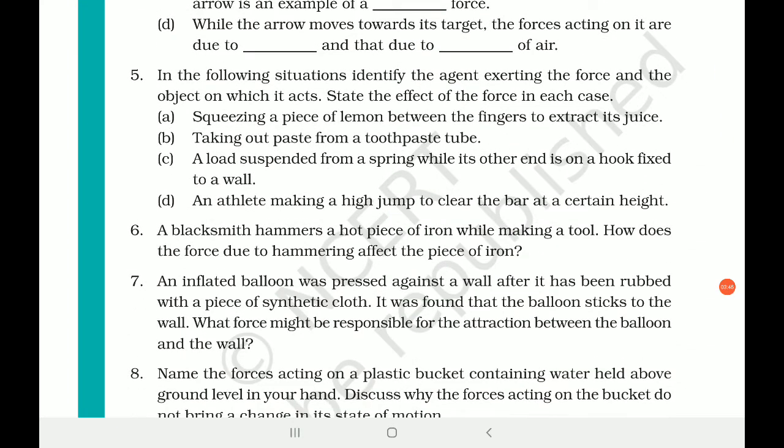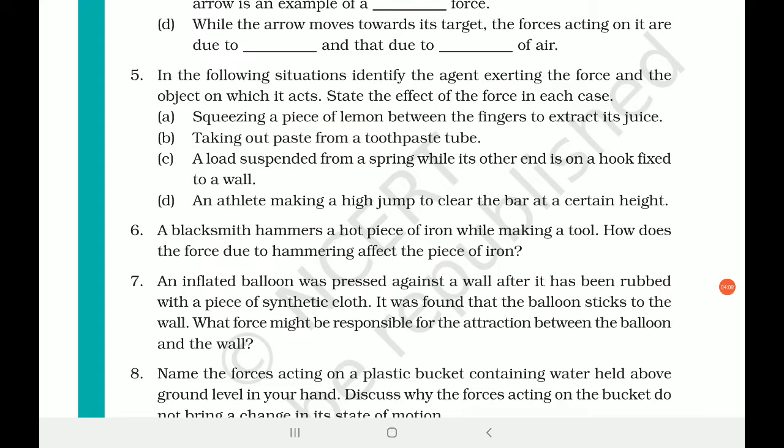In the following situations, identify the agent exerting force and the object on which it acts. State the effect of force in each case. The effect of force is a change in motion, change in direction, or change in shape. Squeezing a piece of lemon between the fingers to extract the juice. The person who is squeezing is the agent exerting force.